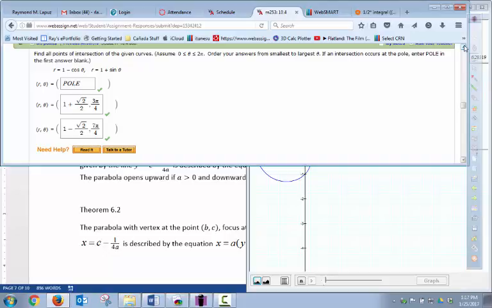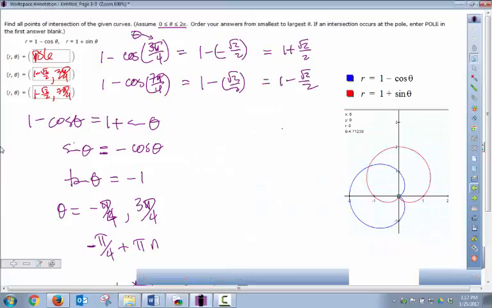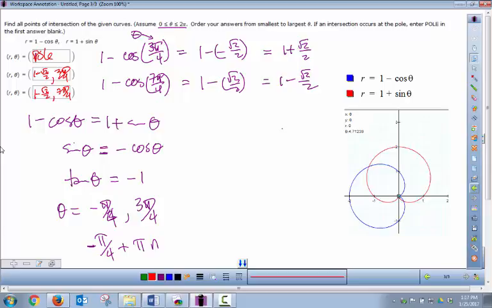Any questions? Good. Yeah. Well, first of all, the question is looking for 3 answers. And when we did our work, we only found 2 answers. And second of all, when we looked at the graph, it actually did intersect at 3 places.